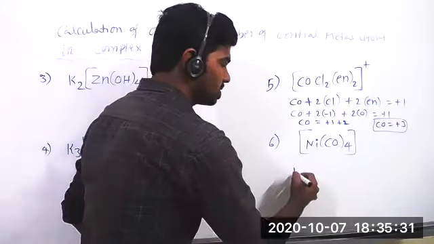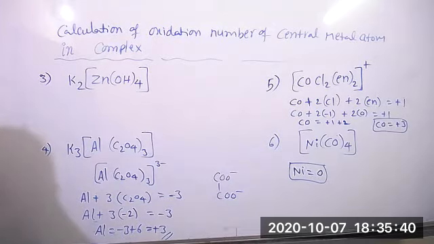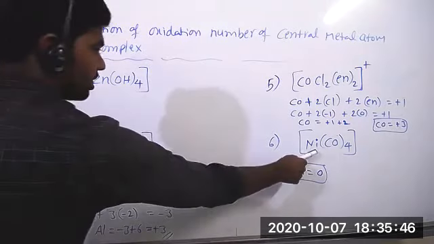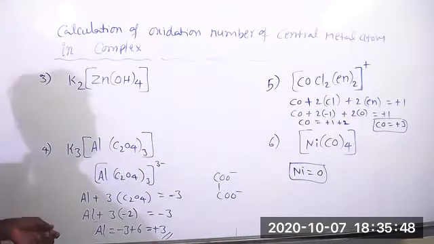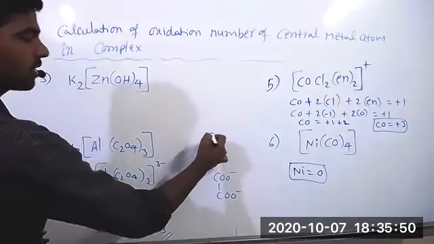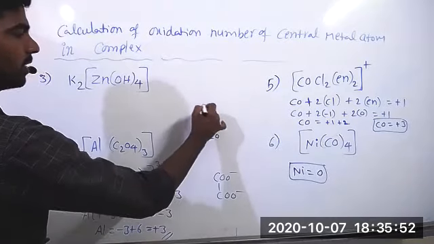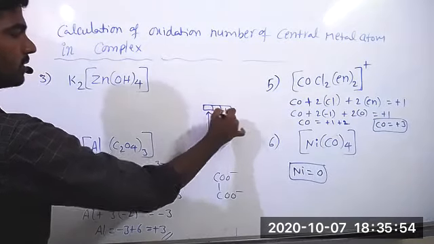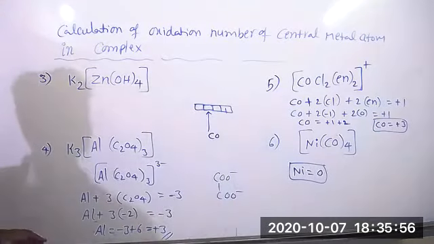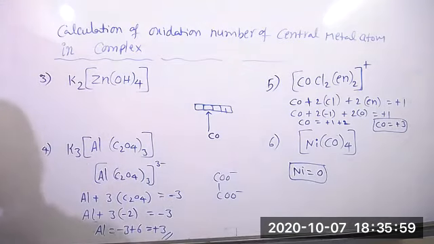Sir, I didn't understand. If it is 0, then how is it a compound? The complex exists because here nickel has some empty orbitals. In those empty orbitals, carbon monoxide gives electrons to the empty orbitals of nickel. So it can form a bond. Okay.